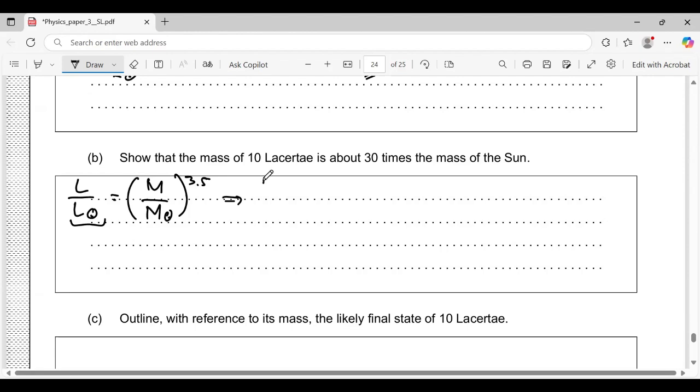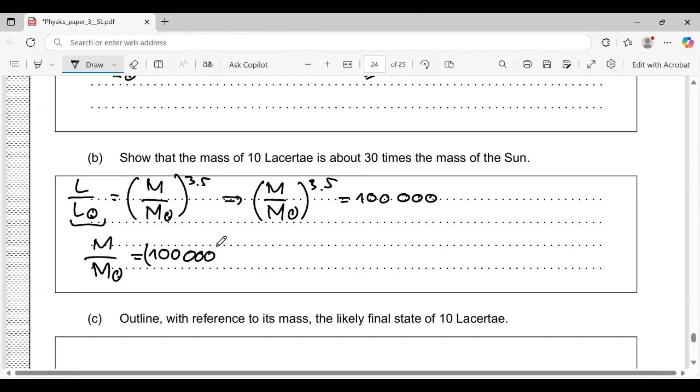So you can write that M over M of the sun to the power 3.5 equals 100,000, or M over M of the sun equals 100,000 to the power 1 over 3.5.